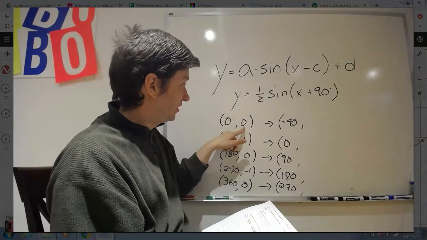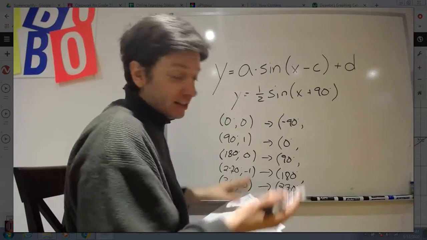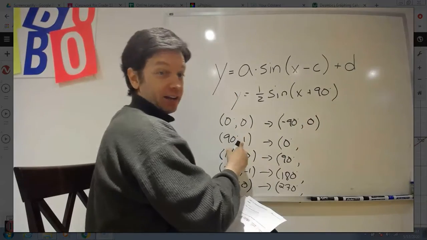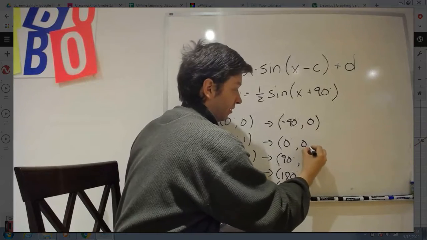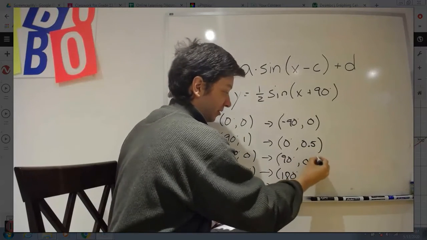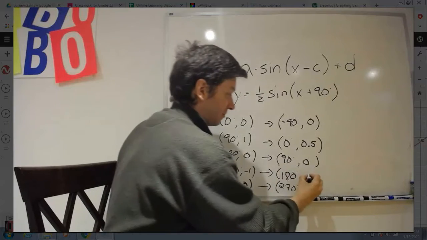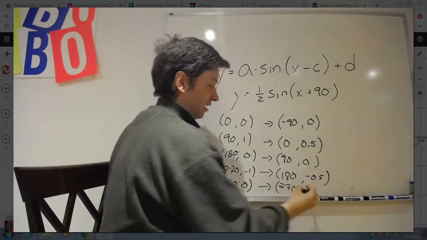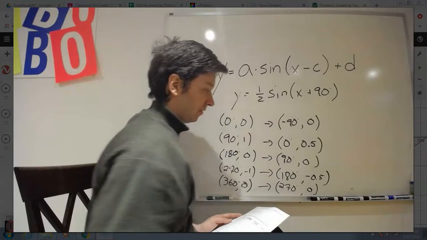So for example, 0 times 1/2, well, that's still 0. 1 times 1/2, well, that's 1/2. Or if you want, you can do 0.5. 0 times 1/2, it's still 0. Minus 1 times 1/2 is minus 0.5. And again, 0 times 1/2 is still 0.